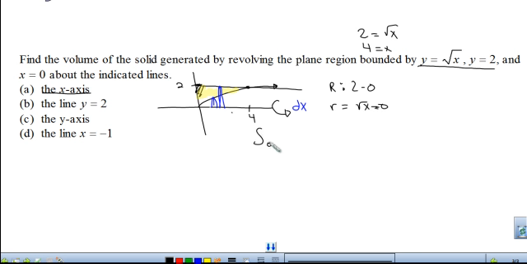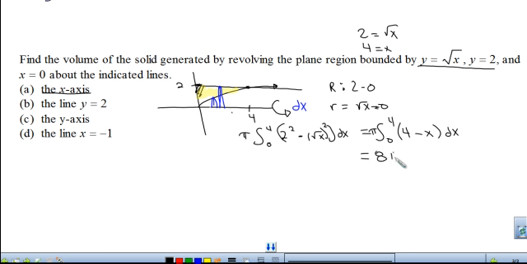So my integral is going to go from 0 to 4, 2 squared minus the square root of x squared dx. So my antiderivative would be, and don't forget that it's also times pi, 8 pi. So that would be my volume.